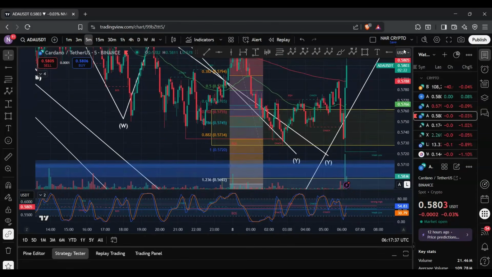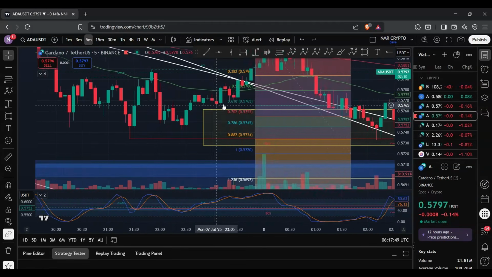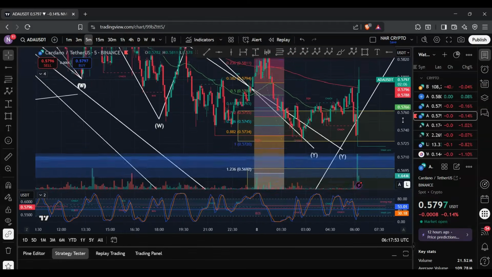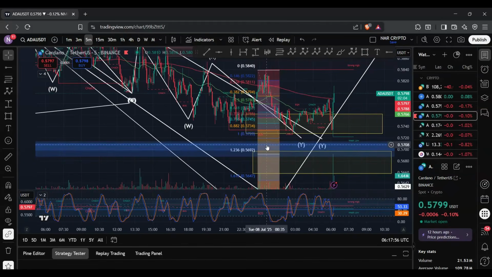And so we didn't actually reach the 100% retracement level at 57.2 cents. However, we did meet the minimum requirement, which is the 61.8% retracement level at 57.65 cents. And so again, it's possible that this structure is complete, but we do need some further confirmation.